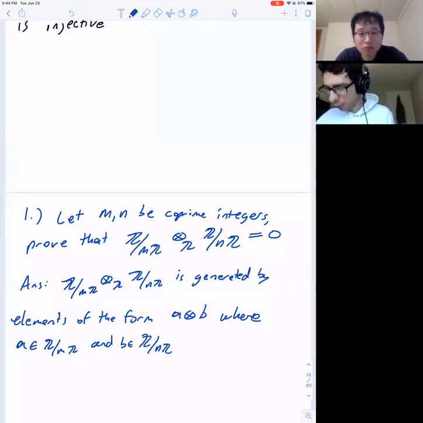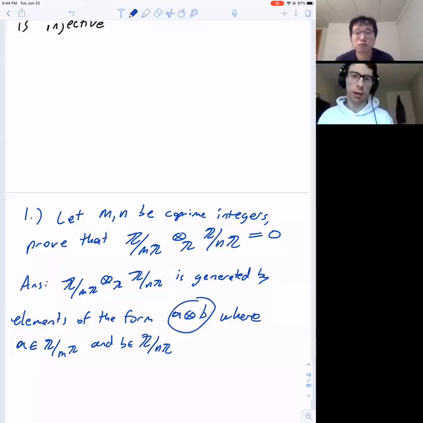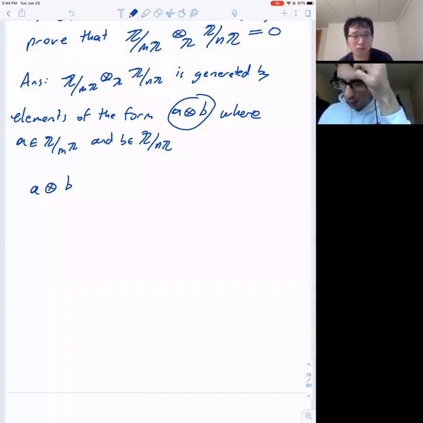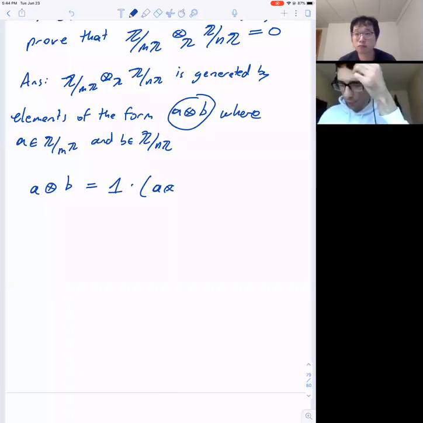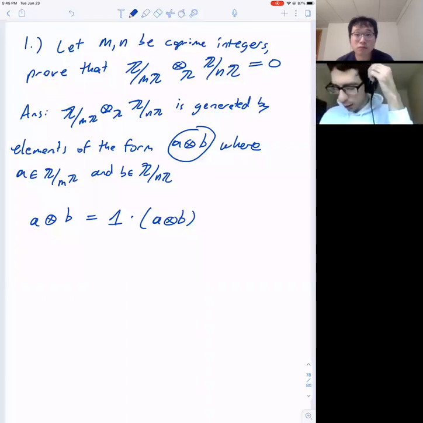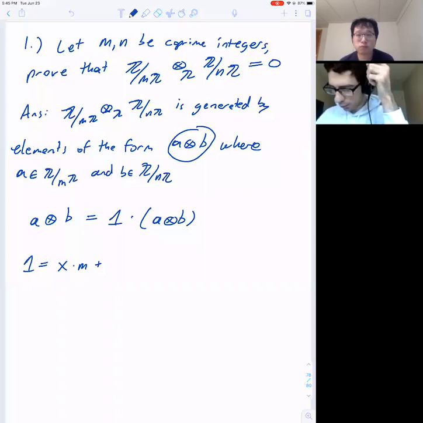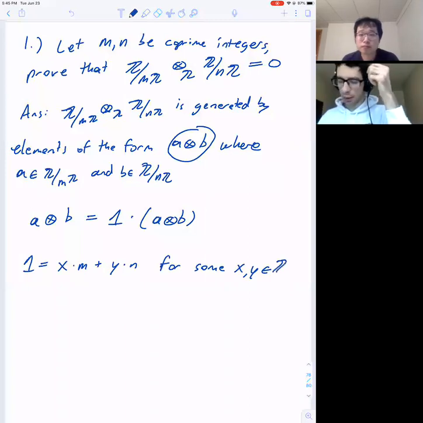So if I prove each element of this form is 0, then I'm done, right? So how about we say A tensor B is the same thing as 1 times A tensor B. There's nothing wrong with that. That's perfectly correct. But when two numbers are coprime, there is a special relationship with the number 1. I will say that 1 is equal to X times M plus Y times N for some X, Y in Z, right?